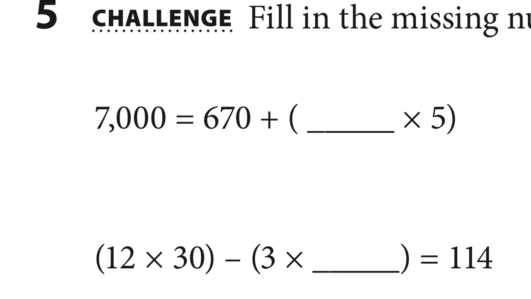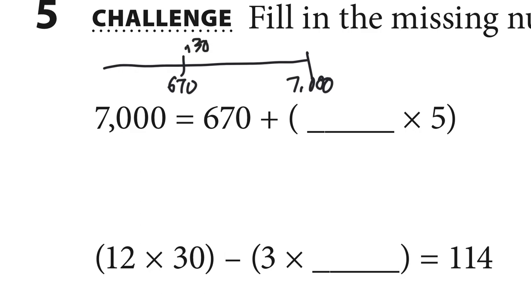Well, you could do it multiple ways, but if you wanted to do, let's say, a number line, you could think of, well, if I'm at 670, how far do I have to go to get to 7,000? If I went up 30, I would be at 1,000. Sorry that my drawing's so terrible.